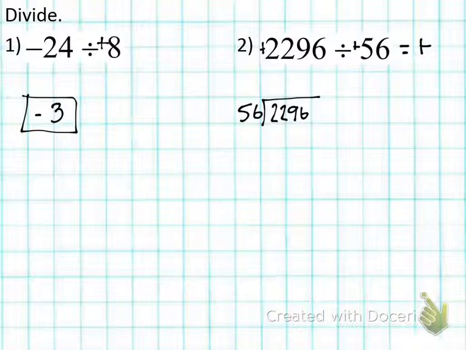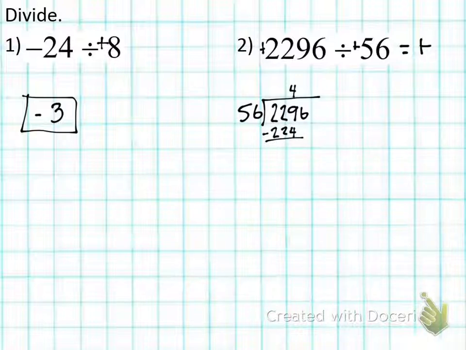Okay, and then I ask myself, does 56 go into 2? No. Does it go into 22? No. Does it go into 229? Yes. How many times? 4 times, right? Because I know 50 times 4 is 200. 56 will be a little bit bigger. So 6 times 4 is 24. And then we know 5 times 4 is 20, plus 2 is 22.